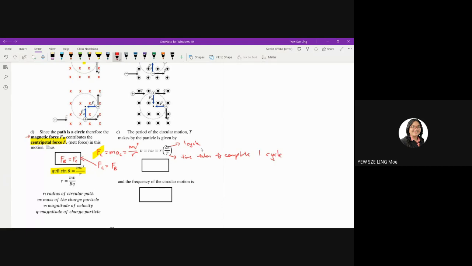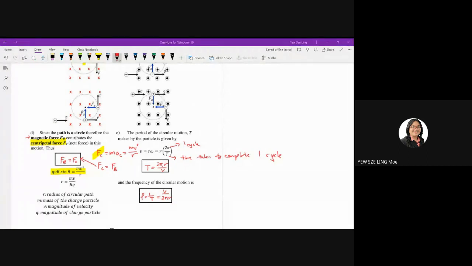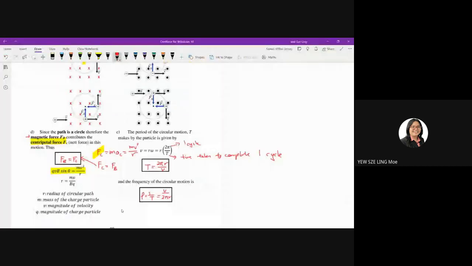So from here, we obtain the equation for period T equals 2 pi r over v. And the frequency f equals 1 over T, therefore it equals v over 2 pi r. So all this, basically, you are just recalling the knowledge that you learned in chapter 6 sem 1. These are all things that we have already learned. So you are just recalling it and rewriting it right here.